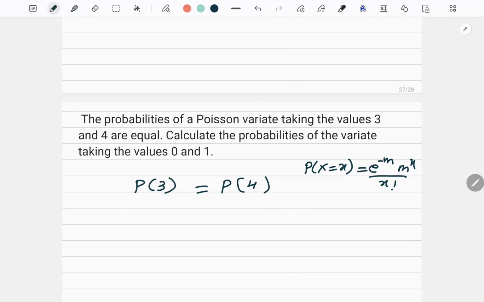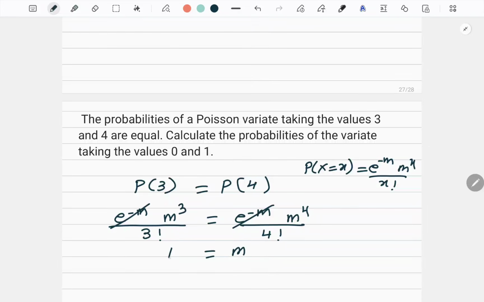So when I am doing p of 3, x is equal to 3. So e to the power minus m, m to the power 3 upon 3 factorial is equal to e to the power minus m, m to the power 4 upon 4 factorial. e to the power minus m and e to the power minus m gone. m cube and m cube is gone. So 1 is equal to m here, and 4 factorial is what? 4 into 3 factorial, and here it is 3 factorial, 3 factorial also gone. So m is equal to 4.